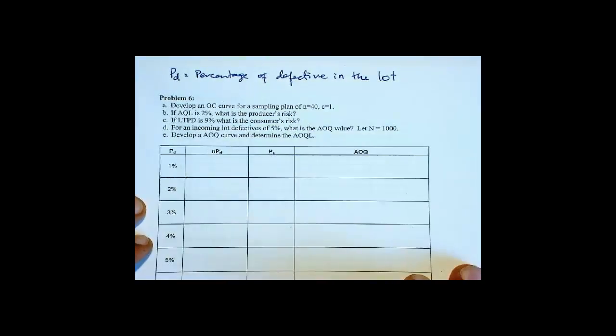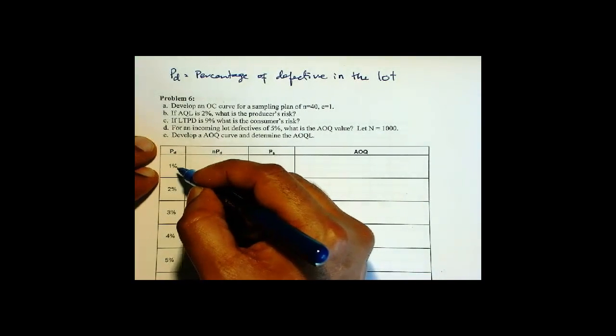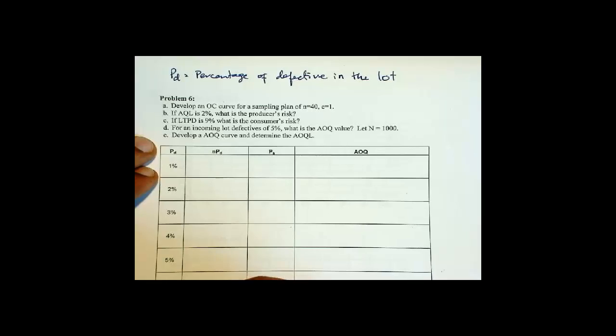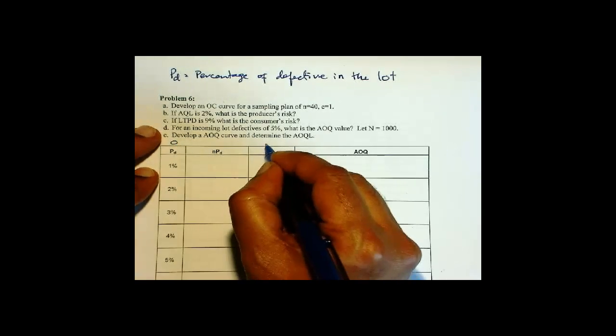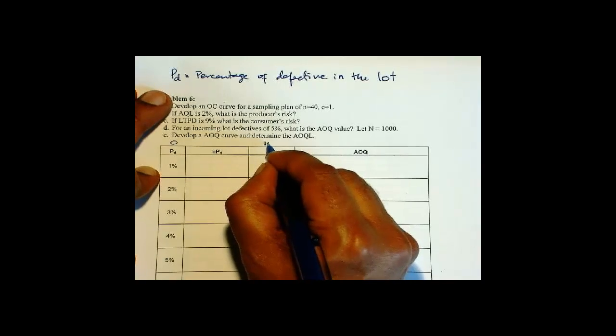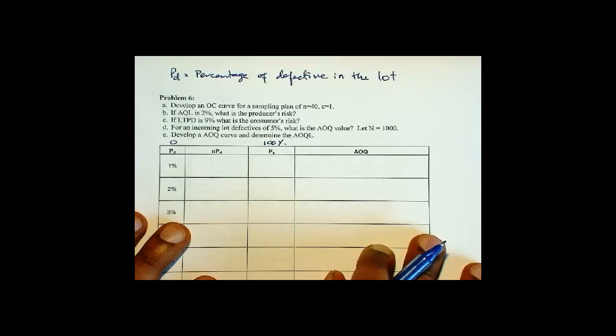Okay. So we are assuming that it is 1%, 2%, 3%, and so on. Remember, for 0%, the probability of accepting the lot will be 100%, so you don't need to really compute anything.